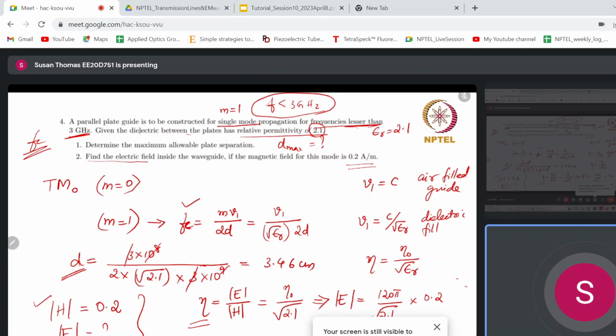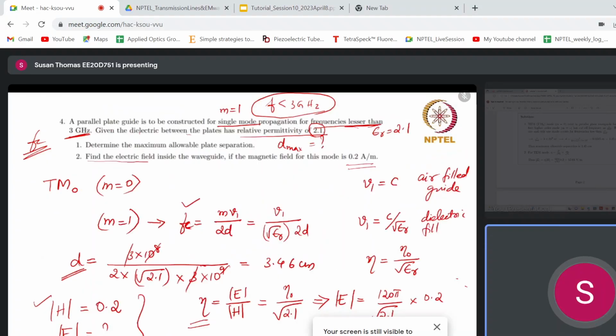Simplifying this, 120 pi into 0.2 divided by root of 2.1 gives us 52.